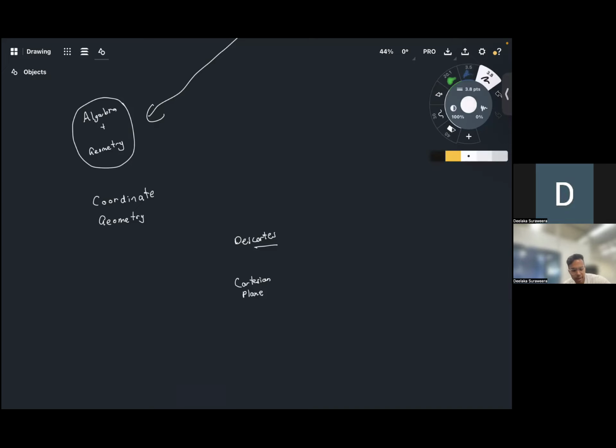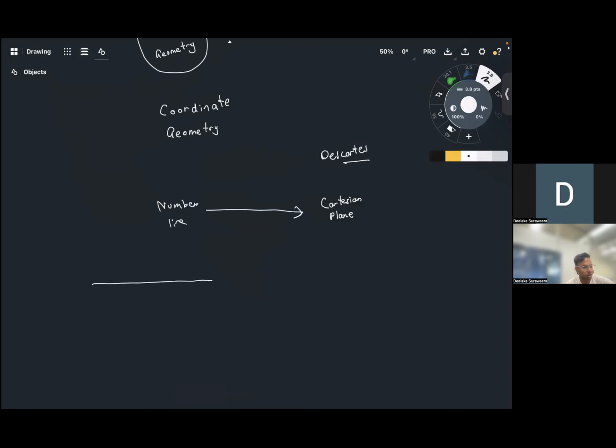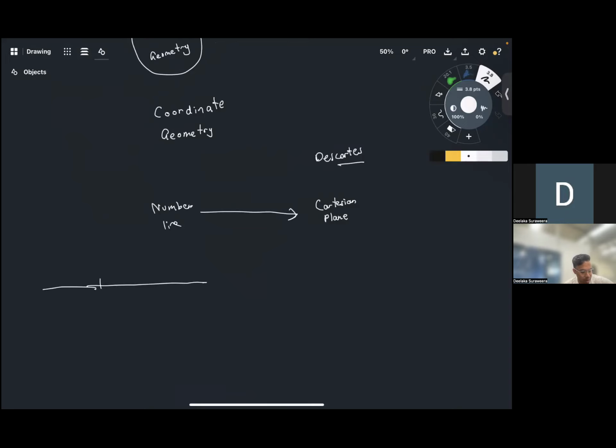And the key thing about the Cartesian plane is that it's very related to the number line. Now, you know what the number line is, right? The number line represents every single real number. So 0, 1, 2, 3, -1, -2.